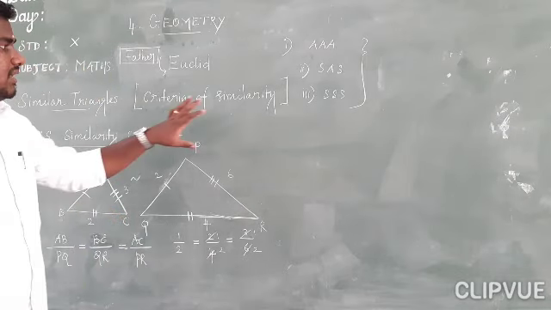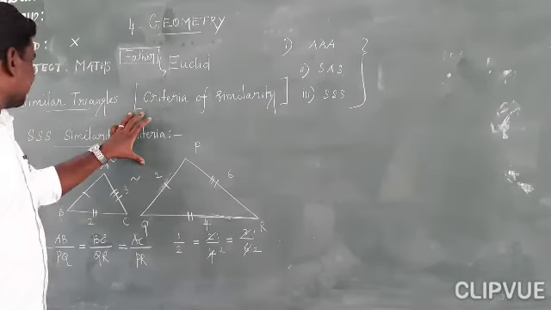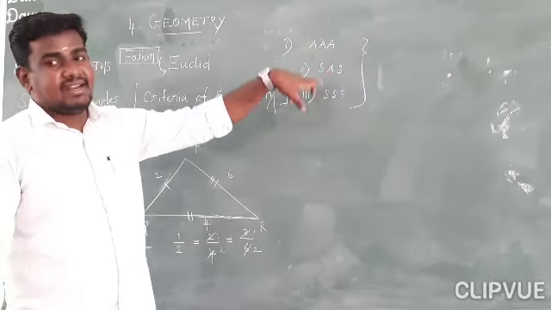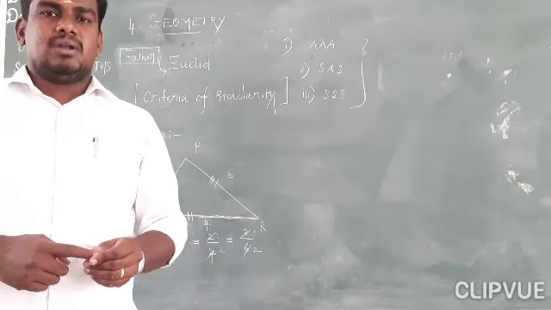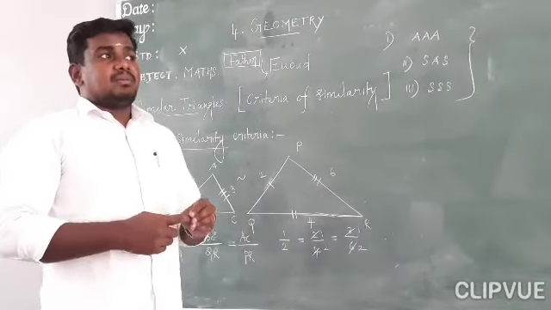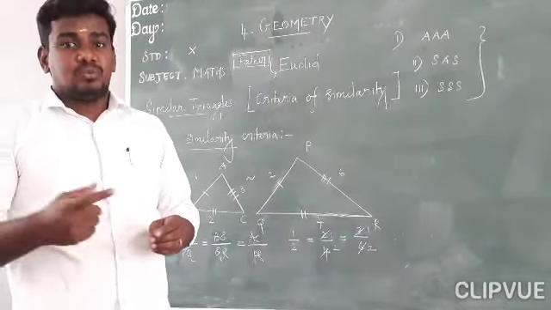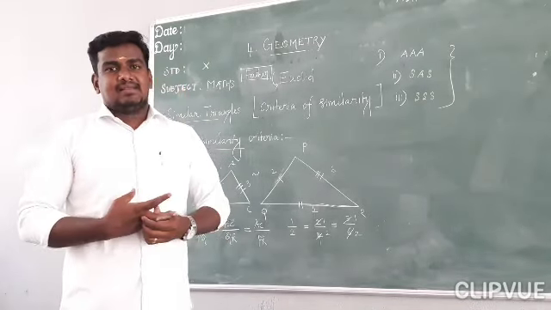After that, similar triangles, so three conditions. These three criteria we have learned. So next class we are going to solve problems related to this topic as well as some important results that should be used to solve problems. So we'll see next class.